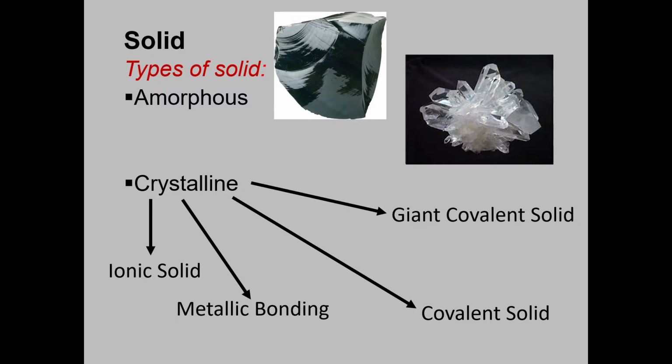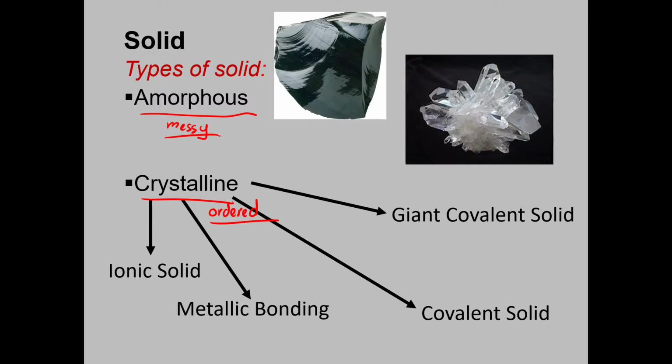3. Okay. So this is the type of solid yang kita akan tengok. We have two: amorphous and crystalline. This is just a fancy word untuk cakap, okay, messy, and then this one is ordered. Itu je. Don't worry, it's very simple.